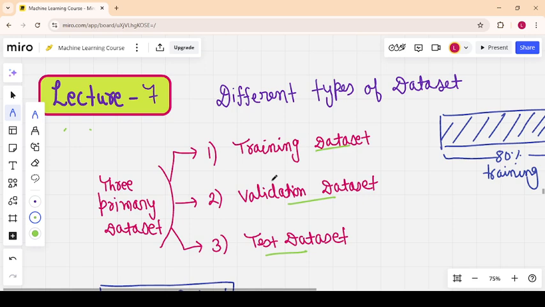In the previous lecture, I discussed different types of data. I discussed structured data that can be represented in tabular form, which consists of rows as well as columns.